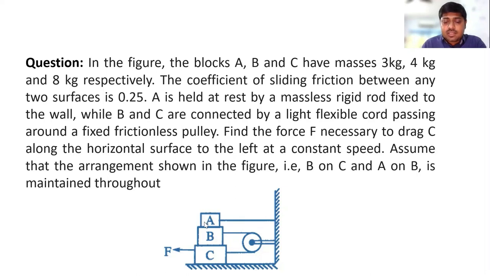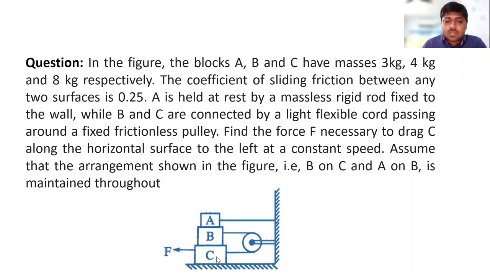This body A that is on the top is fixed or held here by a rigid rod which is connected to this wall here. B and C are tied with a string and this is going over a pulley. This is a frictionless or smooth pulley. And here we are applying a force F.